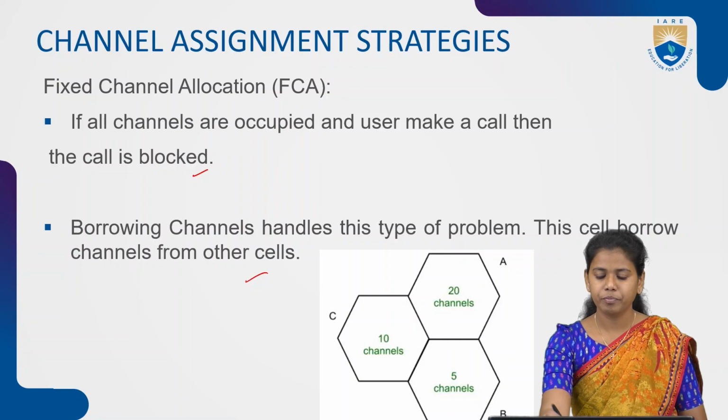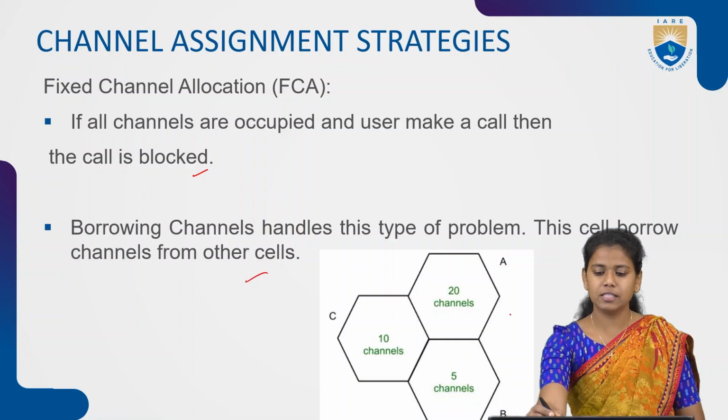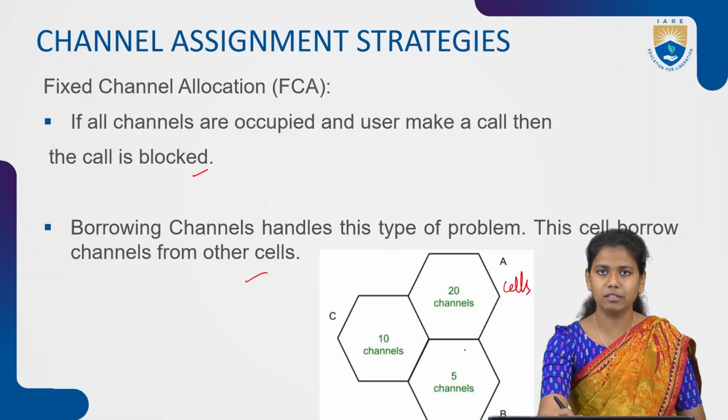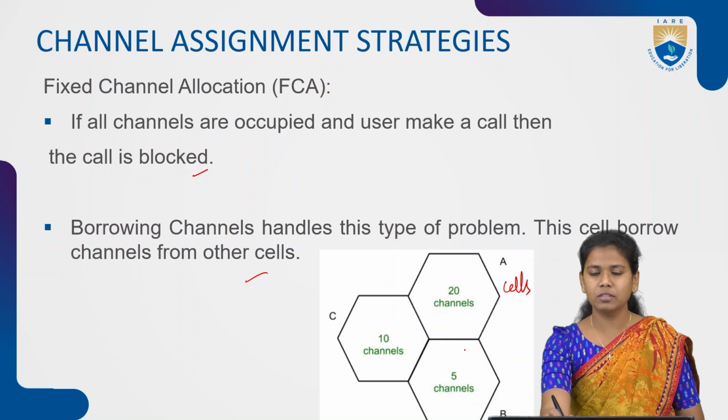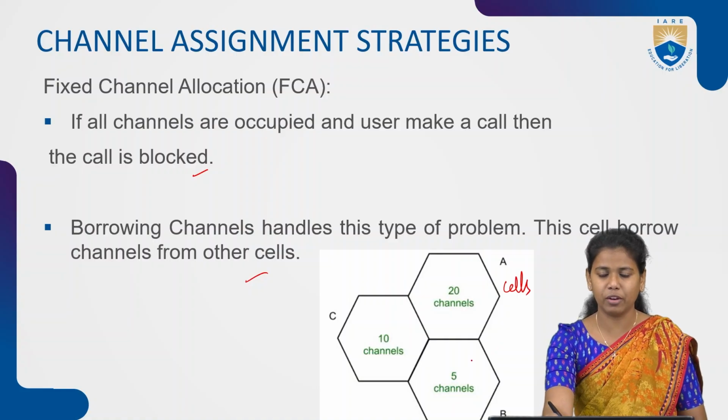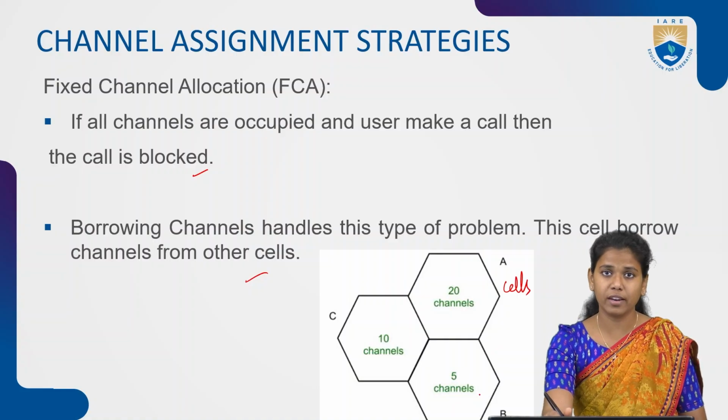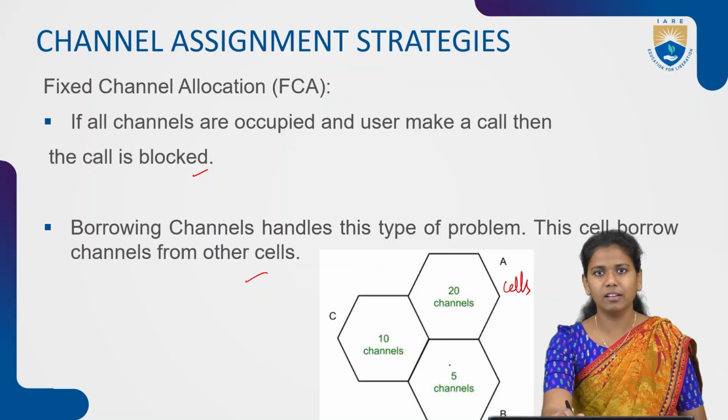So here we have A, B, C. A, B, C are the cells. So all over this, there are three cells, A, B, C, and to these cells we have channels. The channels have been allocated to three different cells. For cell A, 20 channels have been allocated. For cell B, 5 channels. For cell C, 10 channels.